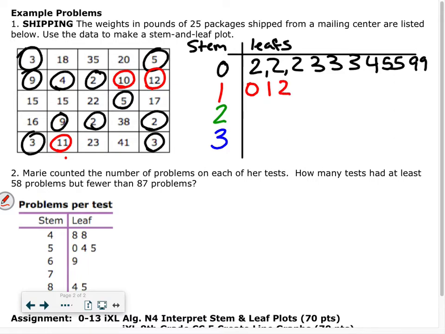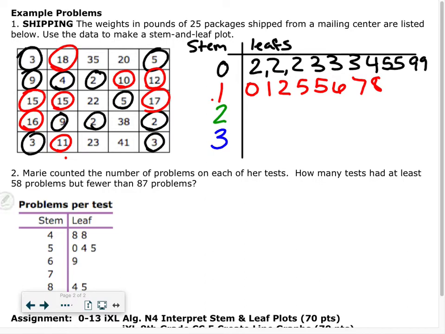I don't see 13, 14. We have 2 15s, so I'm going to write 1. We have 1 over here, 5, and 5, so it's 15. We have a 16. We have a 17. And we have an 18. And that should be it for our 1s, or 10 spot.